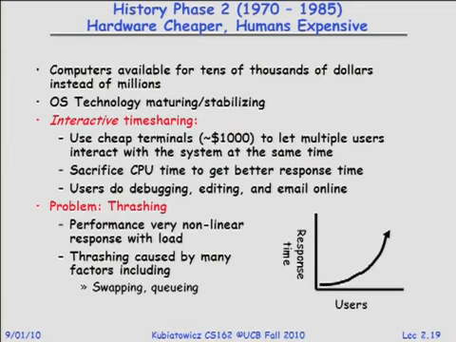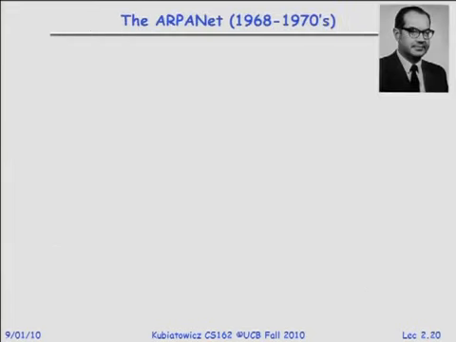Now, the ARPANET was also happening about the same time, so you, as the internet-connected generation, ought to look at this time frame and think about this, because there was no internet at all before this. Several people were working on this idea.